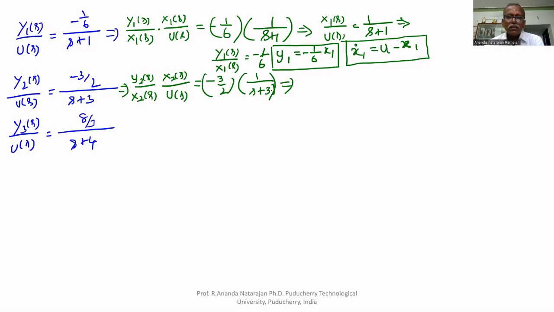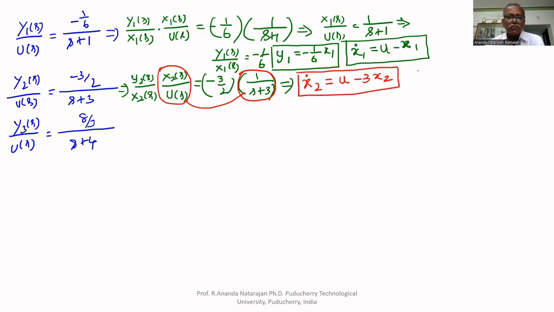This implies 1 by s plus 3, which means you have to group this and this. You will get x2 dot equal to u minus 3x2. By looking, we can write.